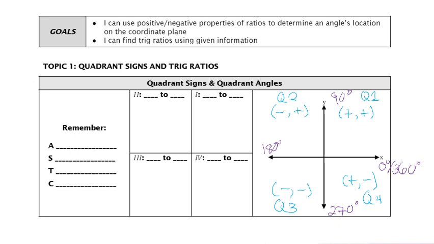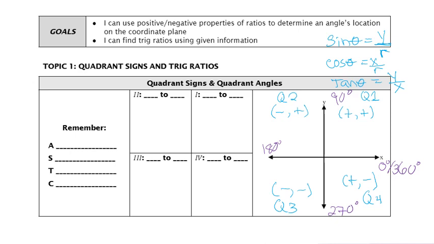So when we do our different trig ratios, we already know that sine, we saw earlier, is basically your y coordinate over the hypotenuse, which I'm going to call r. Cosine is the x coordinate over your r, and tangent is your y over your x.